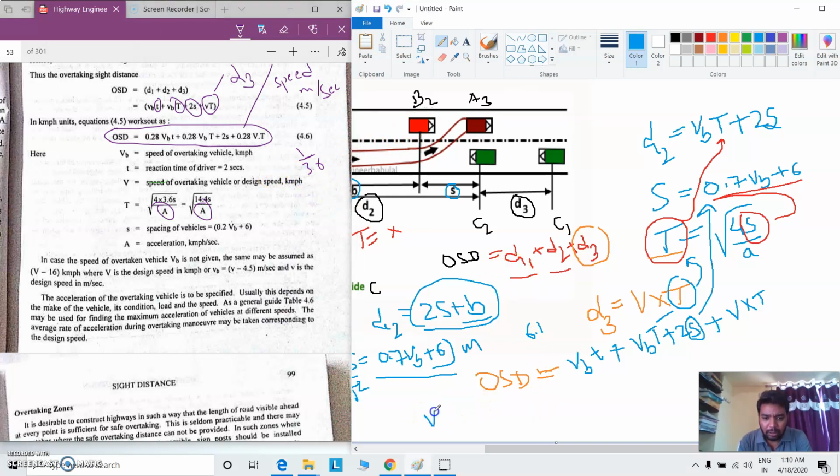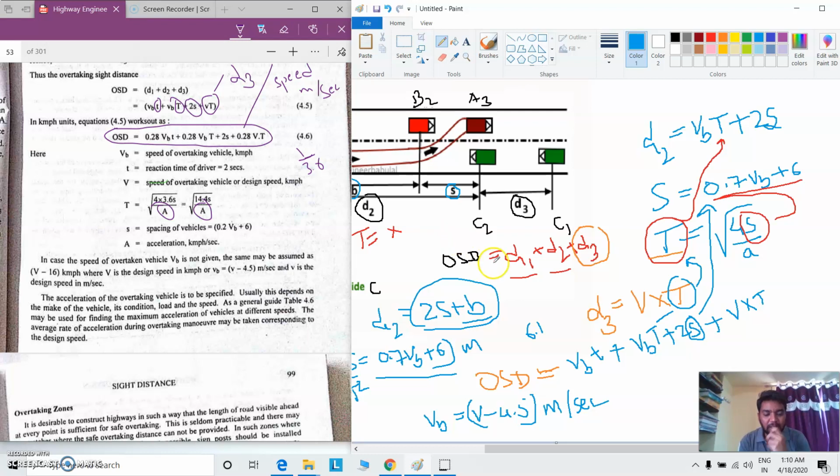Please observe here, if the overtaken vehicle speed is not given, in that case we have to consider the speed of overtaking vehicle minus 4.5 in meter per second, right.